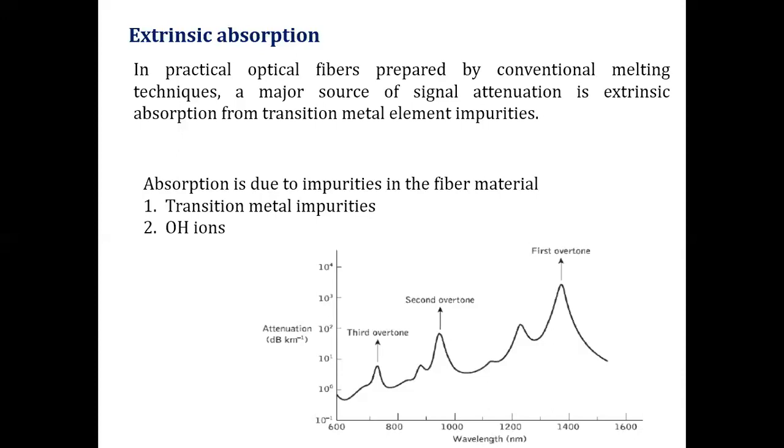In the melting process, this optical fiber is a glass type fiber, so we have to melt it and dip it into water to cool the fiber. At that time, small bubbles like water content will be present in the fiber. So this absorption is reduced by reducing the water content present in the fiber to around 1 ppb, that is 1 part per billion.